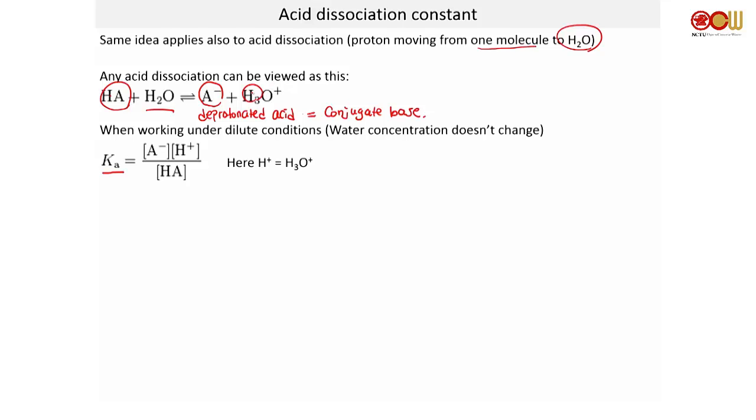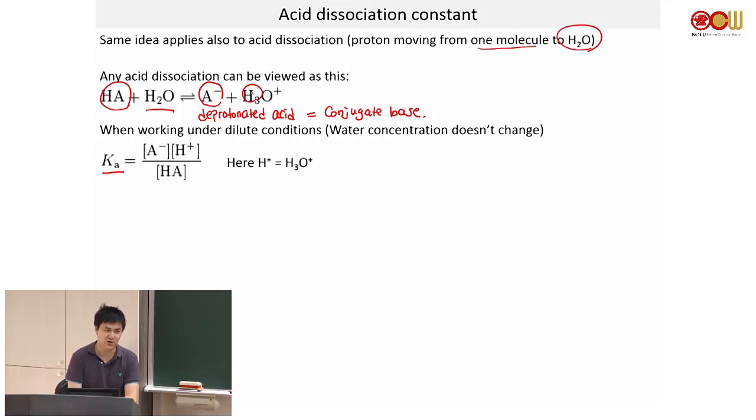So essentially it tells you how stable the conjugate base is. If the conjugate base is very stable, then your Ka will be very high. Make sense?